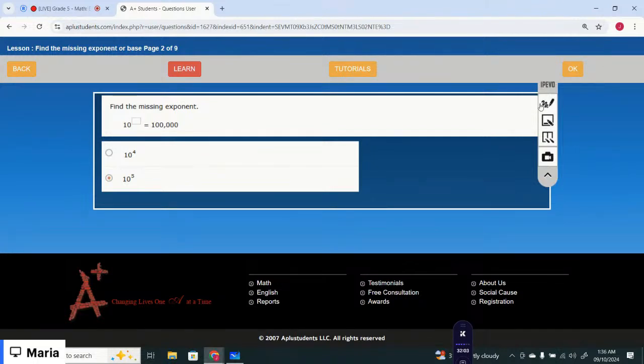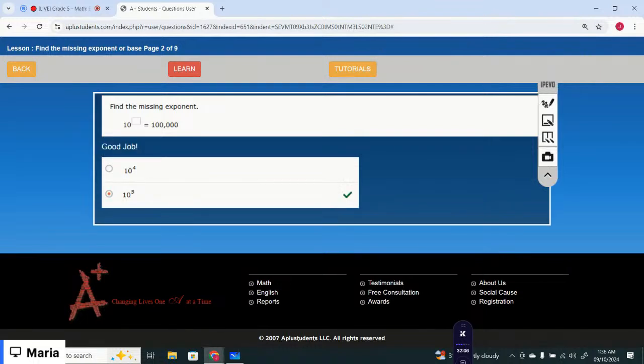So the correct option is 10 exponent 5. Option number 2 is the correct option.